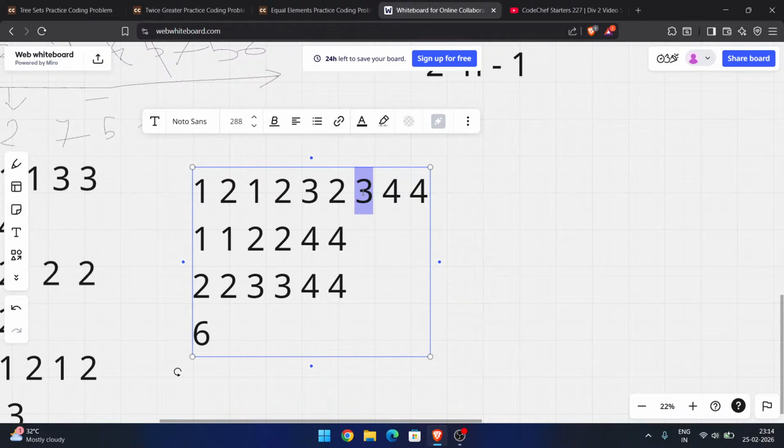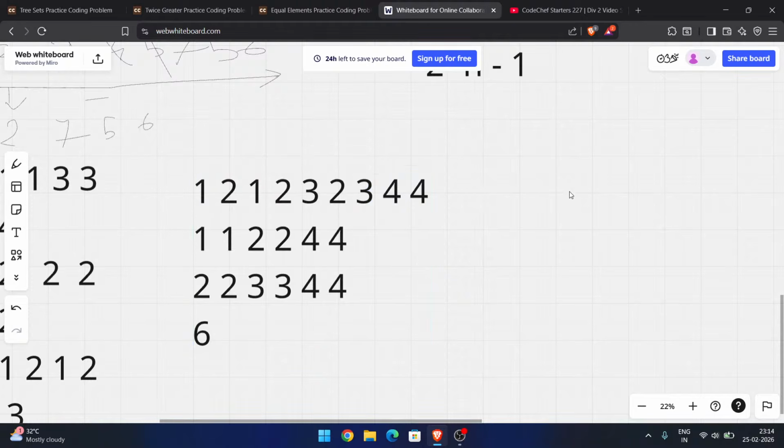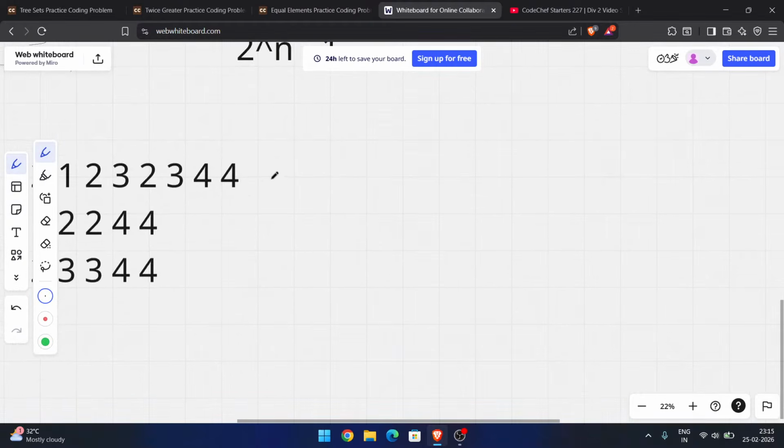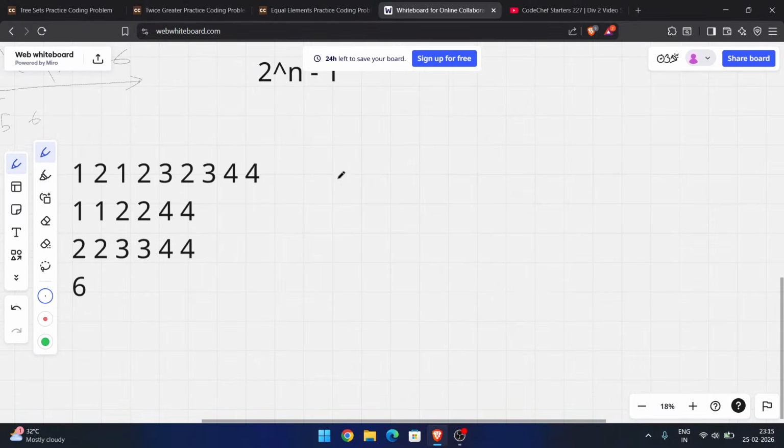Suppose this 3 is the second element. So how should I explain this? Let's say we have to create something like this, and let's say this was our initial array.